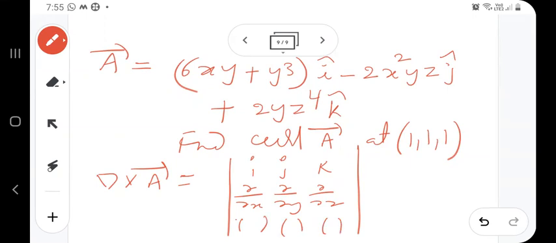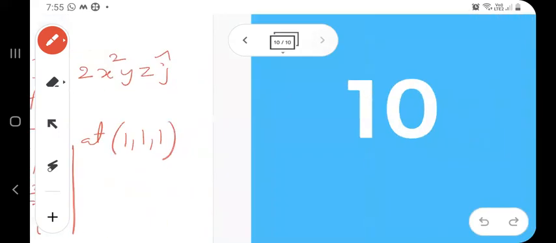You do the expansion and then substitute x equal to 1, y equal to 1, z equal to 1, and you will get the curl a bar value at the point 1, 1, 1. Okay, that is what you do.